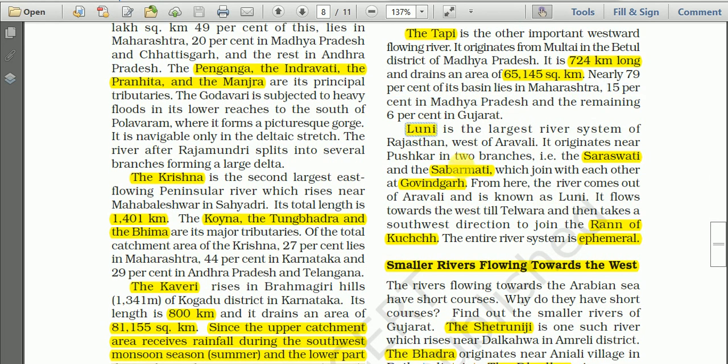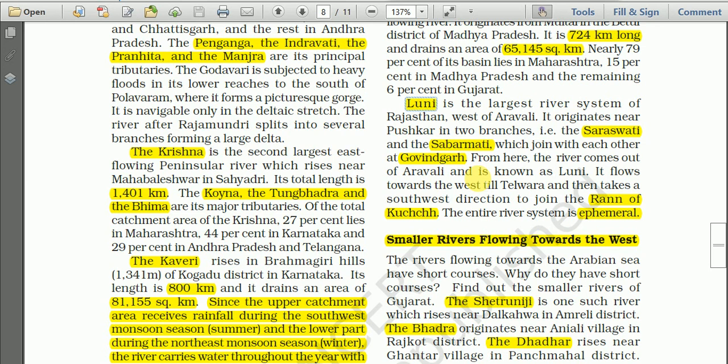And Luni, the last one, is the largest river system of Rajasthan, west of Aravalli. It originates near Pushkar in two branches, the Saraswati and the Sabarmati, which join with each other at Govindgarh. That means Saraswati and Sabarmati are the two head streams of the Luni River, the largest river of Rajasthan.